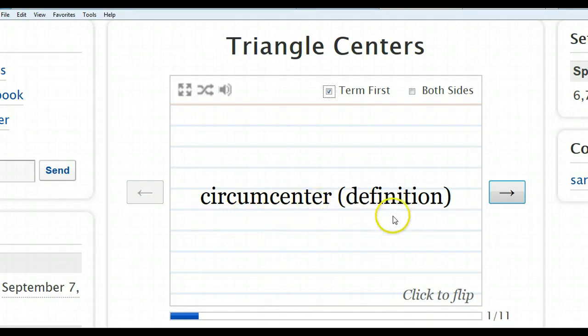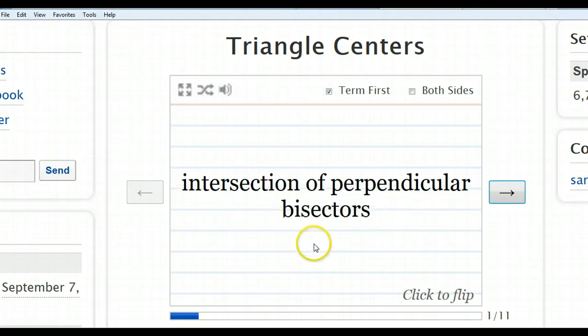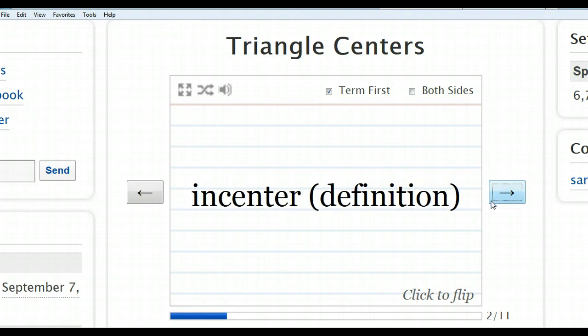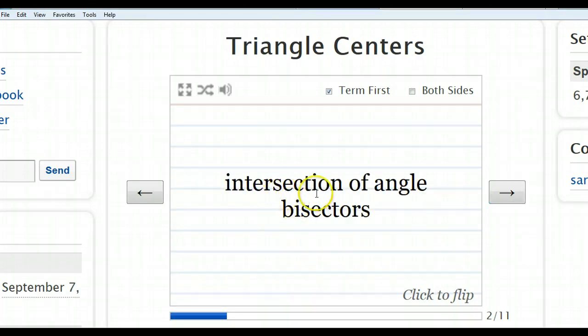Circumcenter, definition. I'm looking for the intersection of what? And then if you click on the card, it shows you the answer. So circumcenter is the intersection of perpendicular bisectors. If you hit this arrow, you go to the next card. Incenter, definition, meaning the intersection of what? Intersection of angle bisectors.